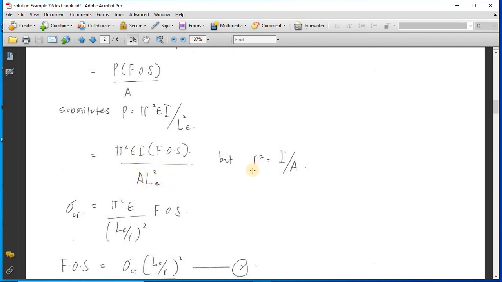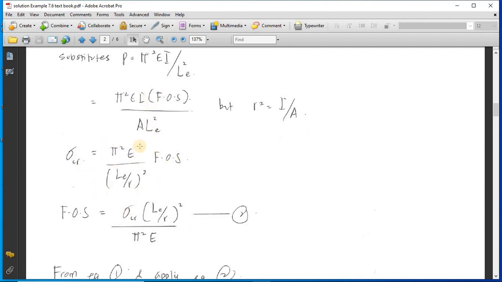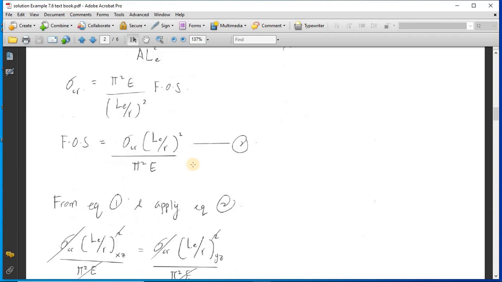We know that I over A is R square, where R is the radius of gyration. By simplifying, you get sigma CR equal to pi square E over LE over R square multiplied by the FOS. We denote this equation as equation 2.